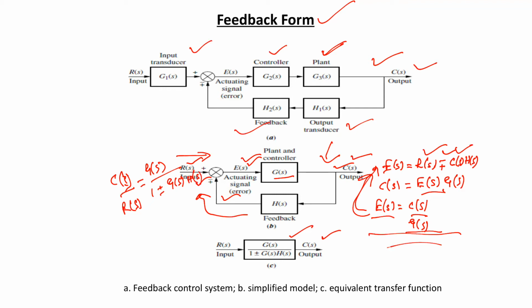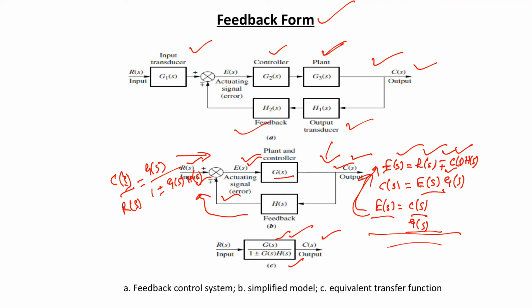It means that if the signal E(s) is equal to R(s) minus C(s) H(s), then the transfer function would be G(s) divided by 1 plus G(s) H(s), and if the feedback signal is added, then it is negative here.